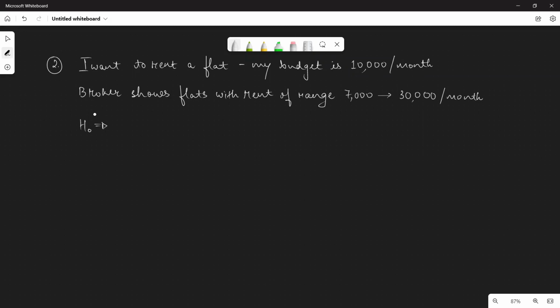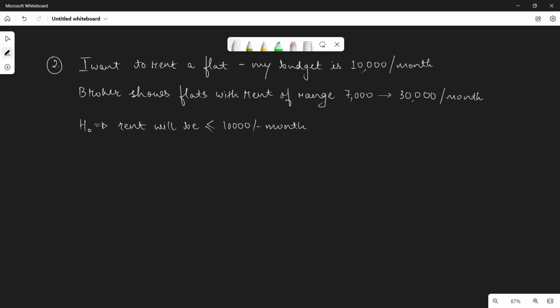So in this context, I will say that H0 will be the rent of the flat, because I want to rent some house. So I will say that rent will be less than or equal to 10,000 per month. Can I say that? Yeah.